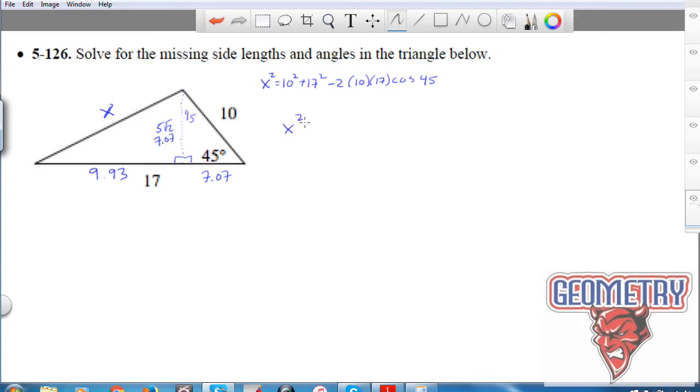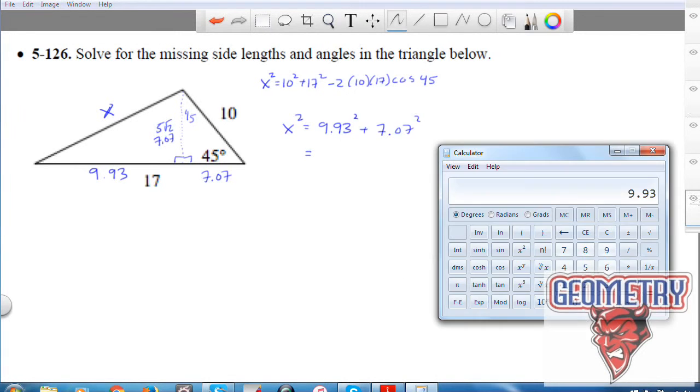So x squared equals 9.93 squared plus 7.07 squared. So let's see what that works out to be. 9.93 squared is 98.605.